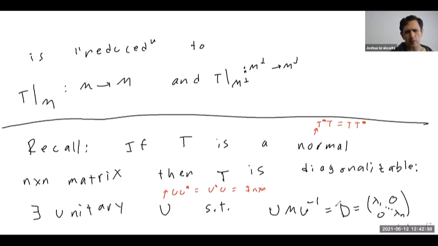Just like in linear algebra, you can check that the lambdas have to be eigenvalues, and the columns of U have to be an orthonormal basis of eigenvectors. Okay.